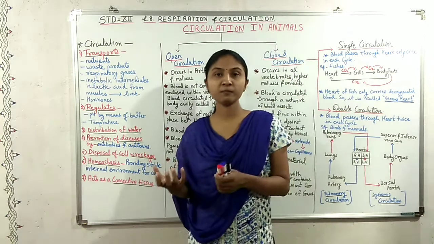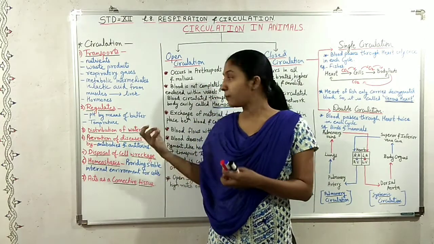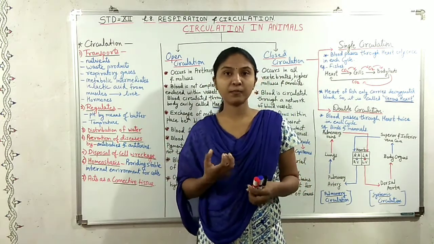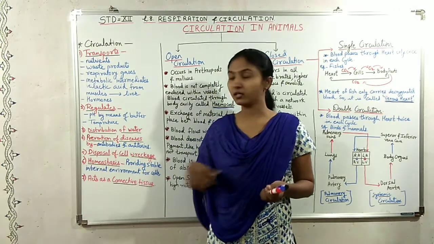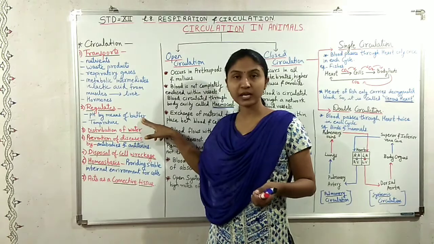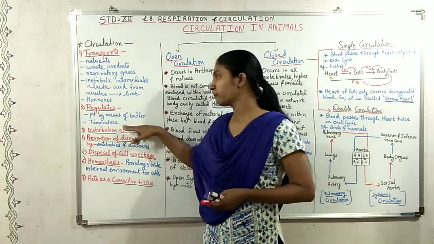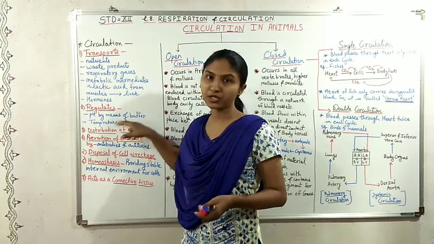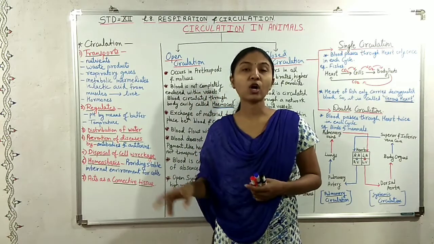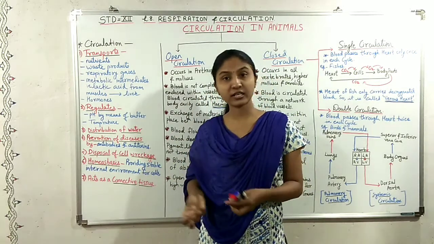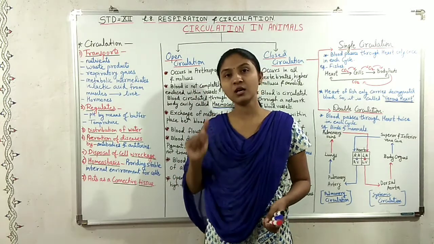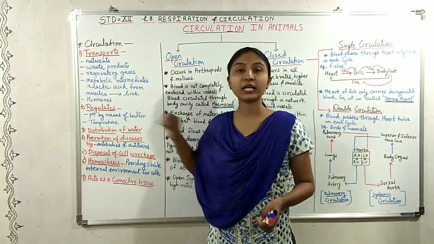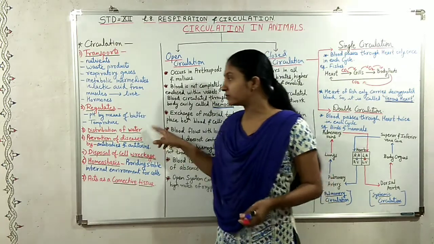We have seen that the blood acts as a buffer to maintain the pH level in the body. So, it regulates the pH. It acts as a buffer, and it regulates the temperature. As we know, along with all the nutrients and respiratory gases, the blood also transports heat in the body. So, it regulates the temperature of the body.